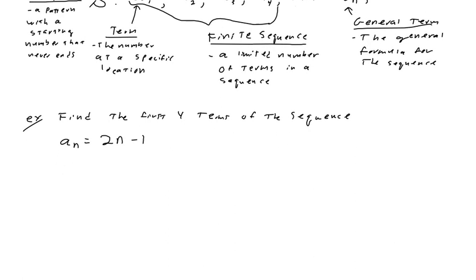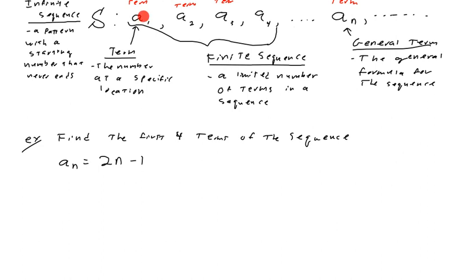So I want to find the first 4 terms of this sequence, first 4 numbers in this pattern. And so the way this is going to work is I'm going to use my A numbers, right? I'm going to say, okay, well, I want A1, I want A2, A3, and A4. So if I want A number 1, the first number in this pattern, the n here is the n in the location. It tells me what term number, what location I'm at.